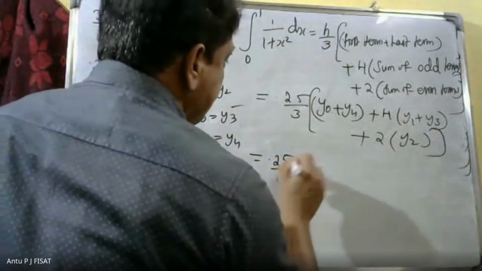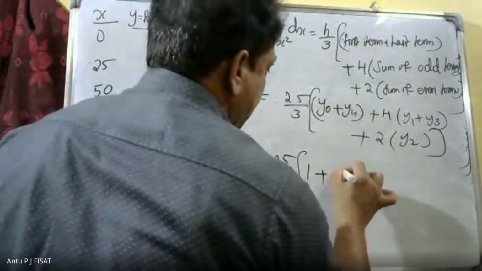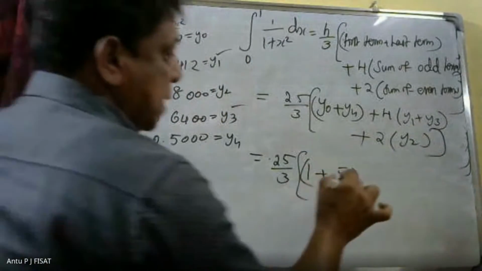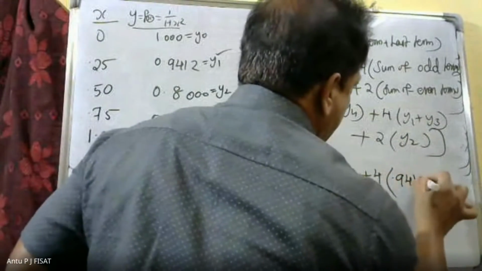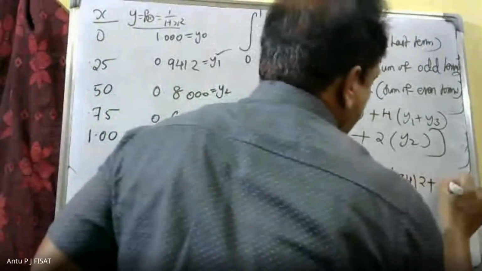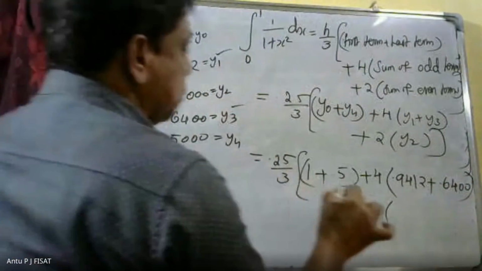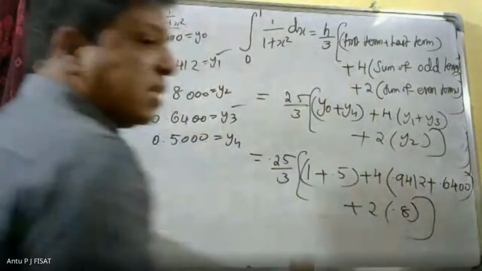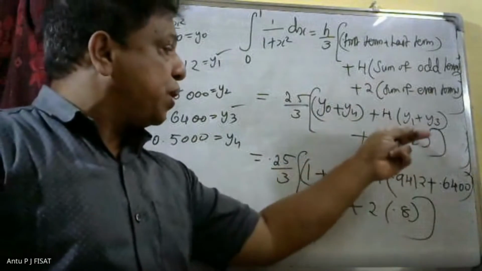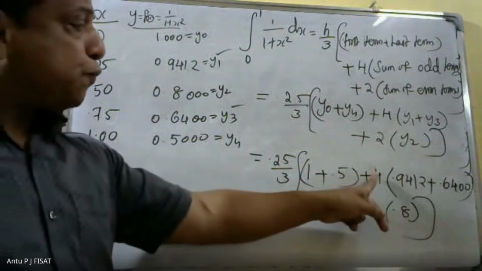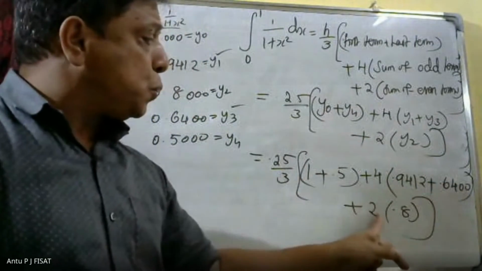0.25 by 3, y naught is equal to 1 plus y4 is equal to 0.5. 1 plus 0.5 plus 4 into y1 is equal to 0.9412 plus y3 is equal to 0.640 plus 2 into y2 is equal to 0.8. Substituting the values y0, y1, y2, y3, y4: 1 plus 0.5 plus 4 into 0.9412 plus 0.6400 plus 2 into 0.8.